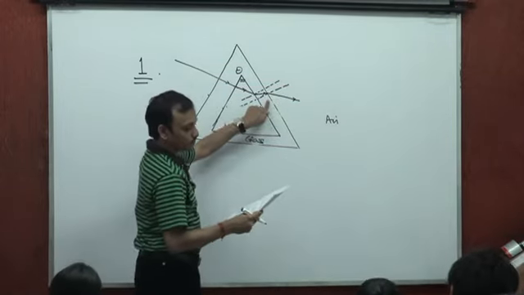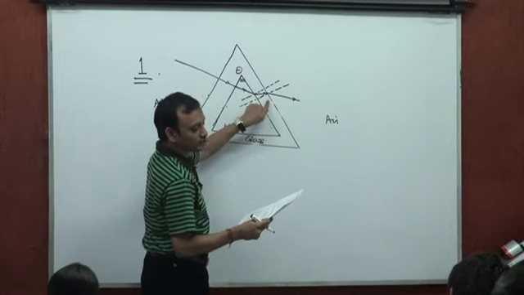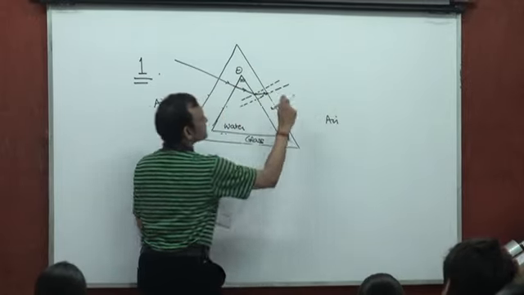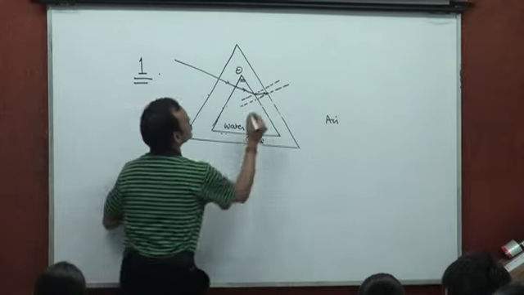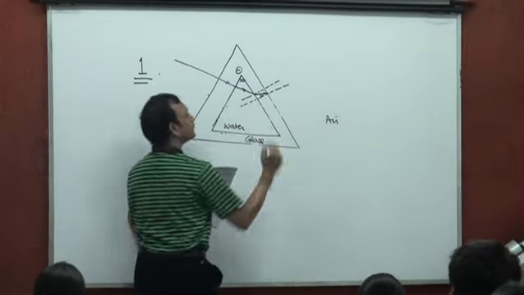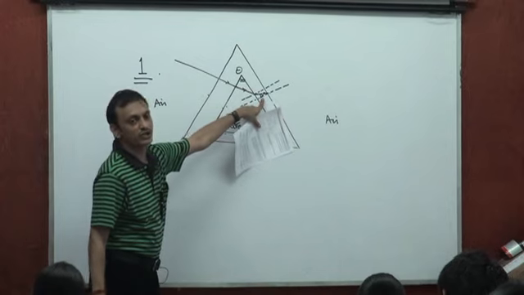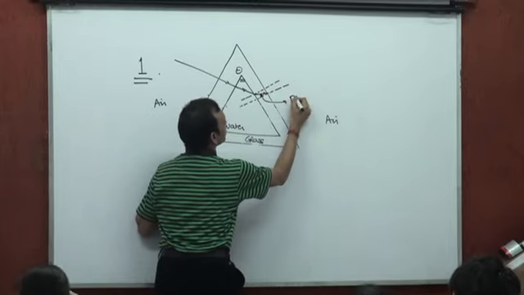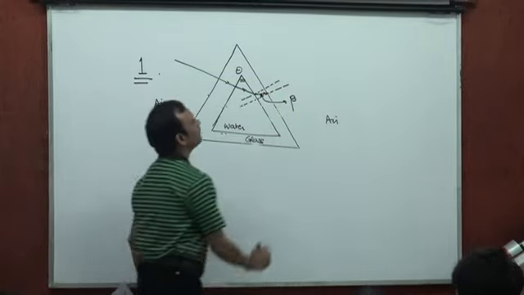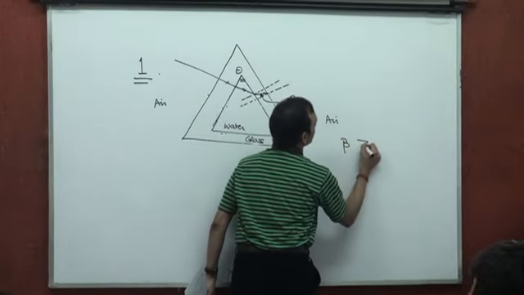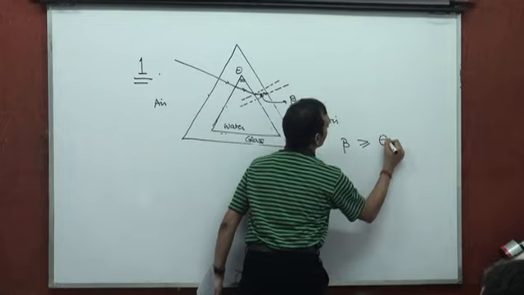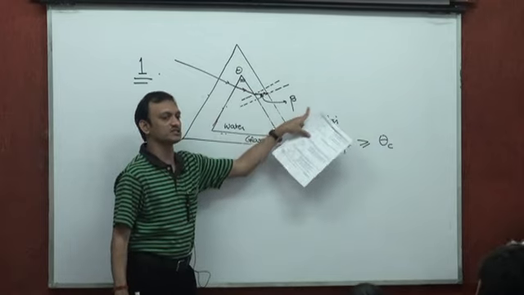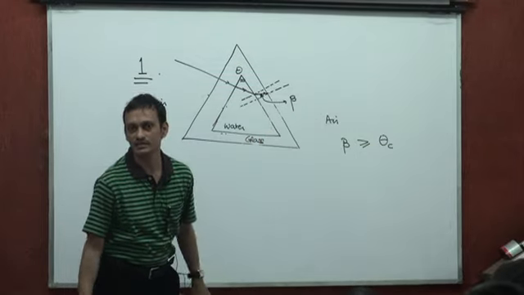Now, if we want total internal reflection to occur at the glass-air interface, that means if we don't want emergence at this interface, then we just got to make sure that the angle here is greater than or equal to the critical angle. That means if this angle is beta, then we must have beta greater than or equal to theta c, where theta c is the critical angle between the glass-air interface.